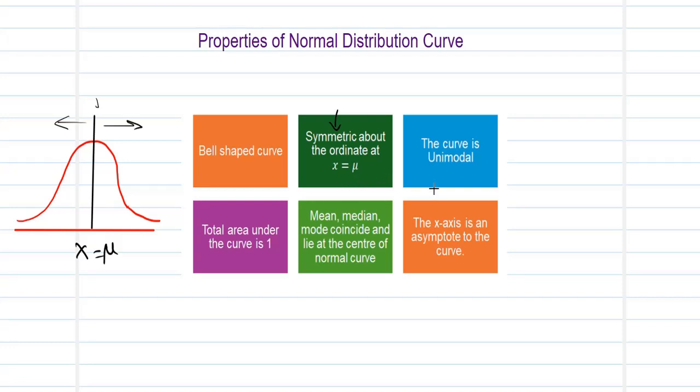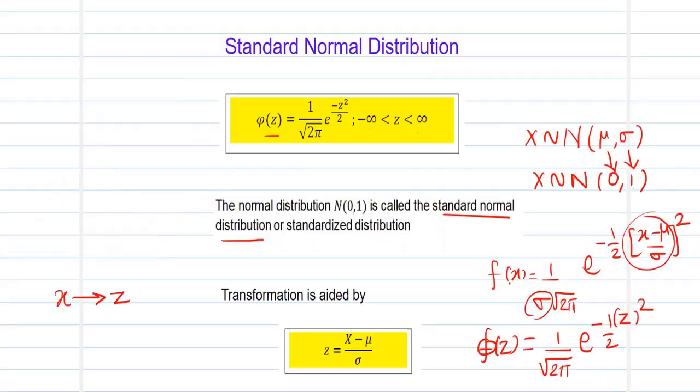The third point is that the curve is unimodal. Uni meaning one and modal meaning peak. So it is going to be a one-peaked curve. So how many peaks do we have? We have just one peak. In this one peak, the function is going to attain the maximum value at the point x equal to mu. So when x becomes equal to mu, what will happen over here?